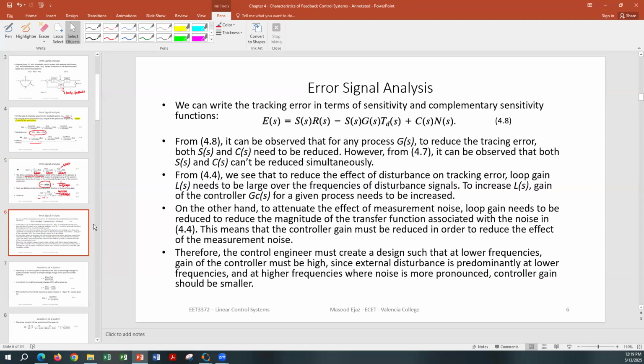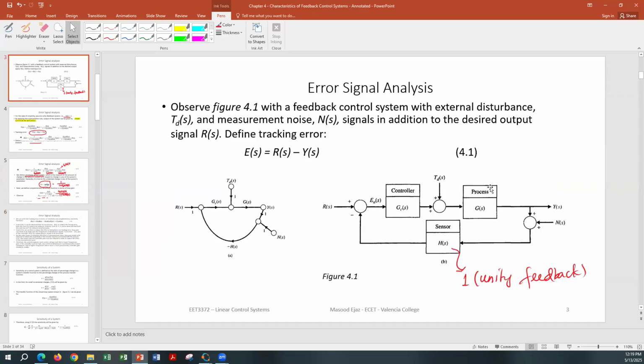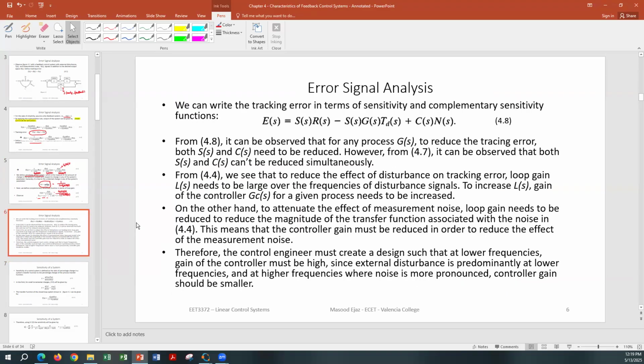And you also have your transfer function of the process, G(s), the transfer function of the process that is being controlled. So that's your error equation in terms of sensitivity, input signal, complementary sensitivity, process gain, and of course Td(s) and N(s).